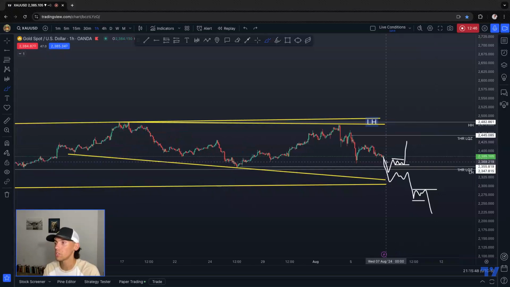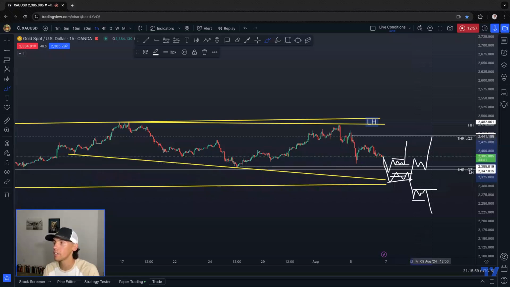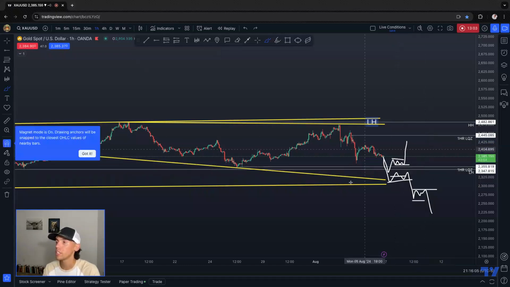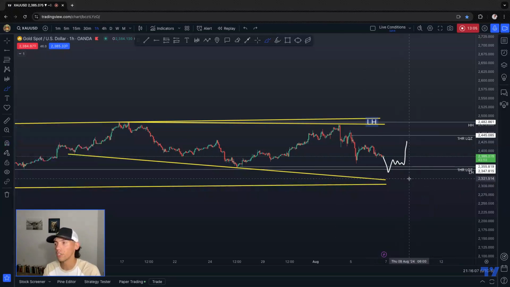So this is an option, option A. We got option B, where price comes down all the way to this, where we would either get a clear break through or a clear break back above to then take the market higher. So there's scenario one, scenario two, scenario three. The one to the downside is least likely.